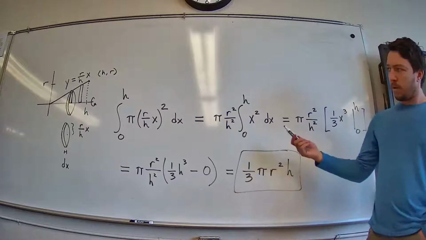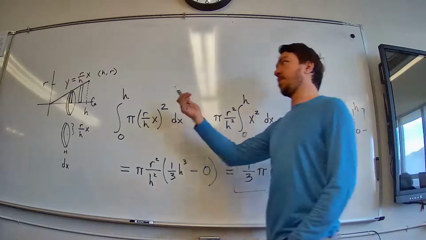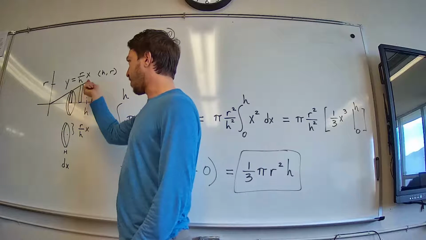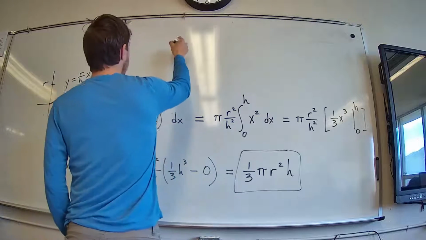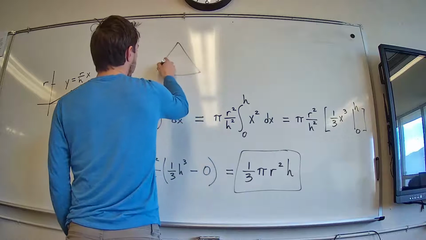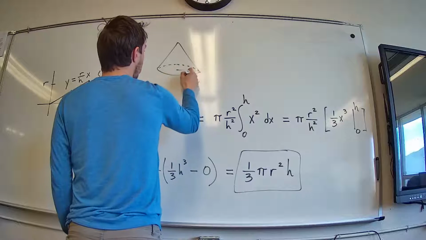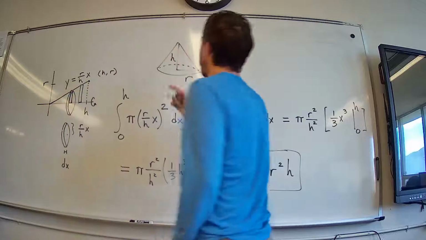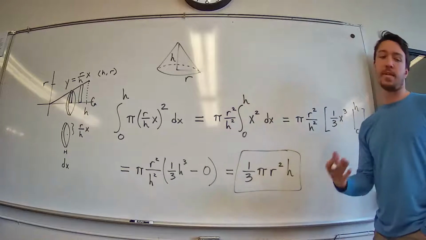In case it wasn't clear before, the reason we chose r and h is that r is the radius of the cone. The cone is just turned sideways.